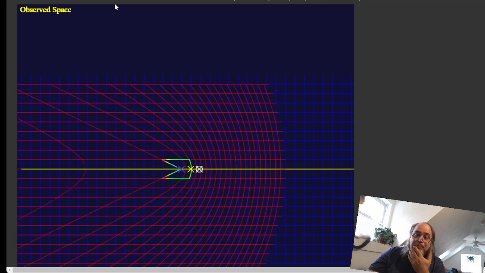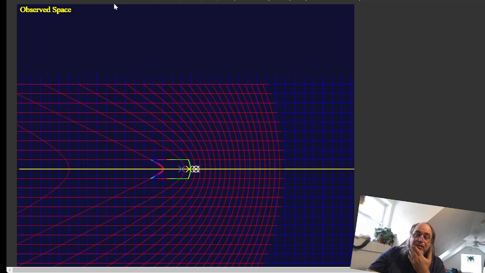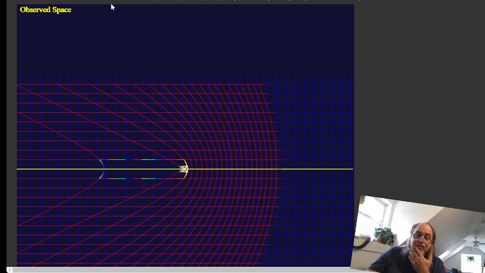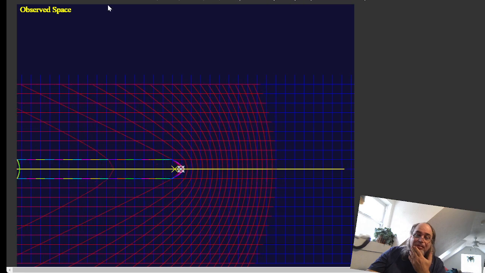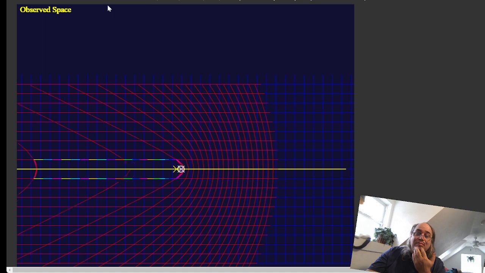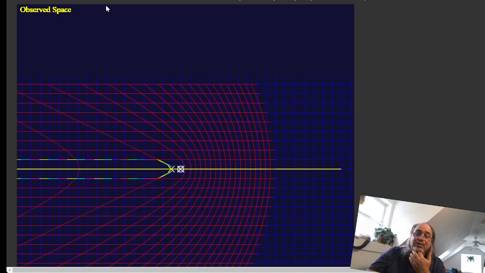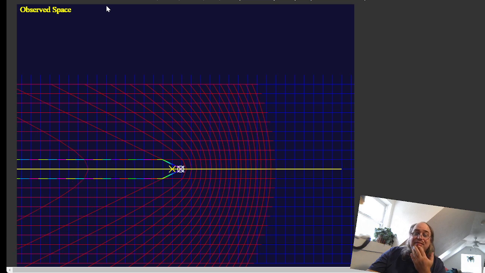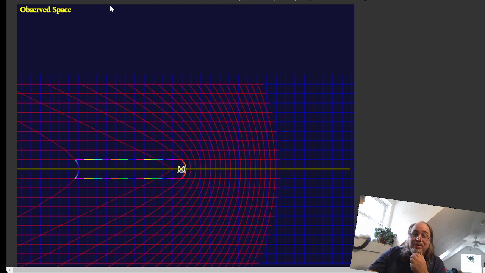Green to blue. And this is much longer than 10 seconds. Well, it's 20 seconds because it's now 2 light seconds wide.